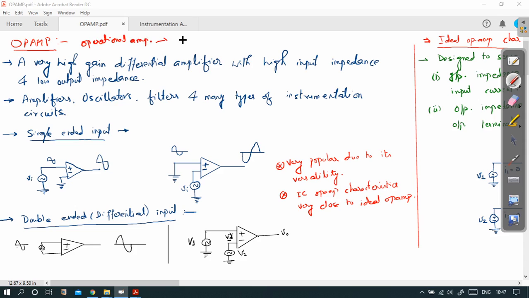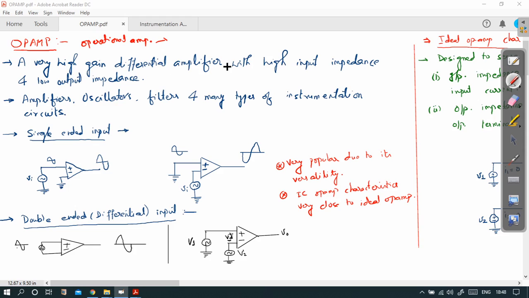Because it can perform a variety of operations: addition, subtraction, multiplication, even log, exponent, and many other functions. Basically, it's a difference amplifier or differential amplifier having a very high gain. The input impedance is also very high, and the output impedance is low.